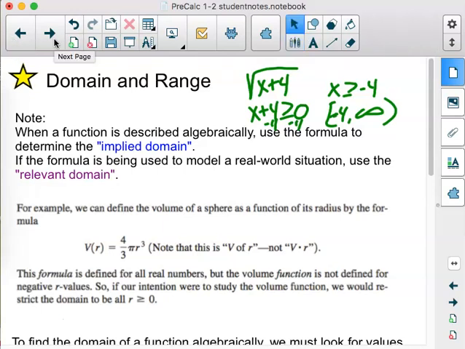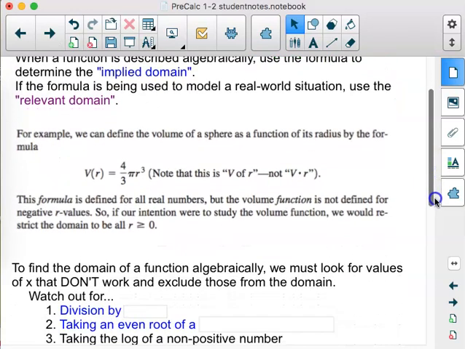The problem is we don't know if that came from a real-world situation. So the second part of this is if the formula is being used to model a real-world situation, then we need to use what's called the relevant domain. In a word problem, we have to think about what kind of numbers will be going into the formula.